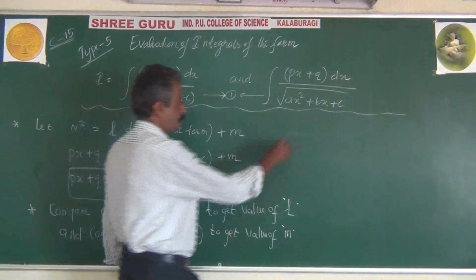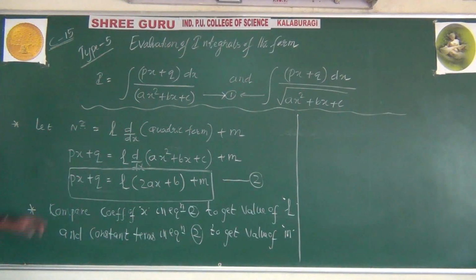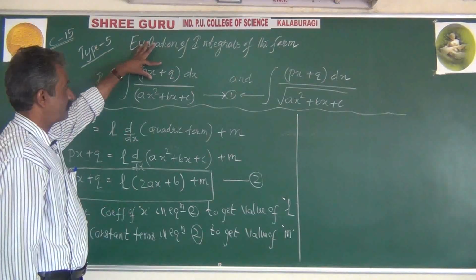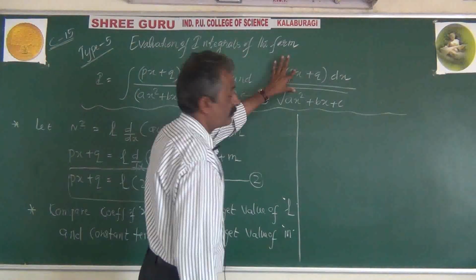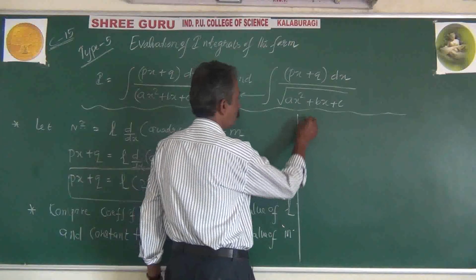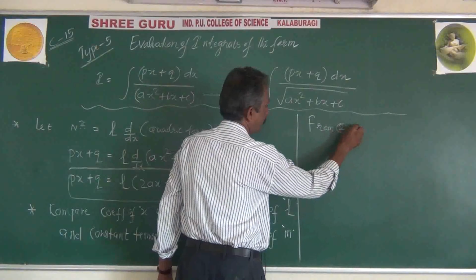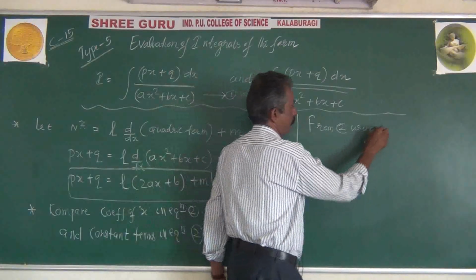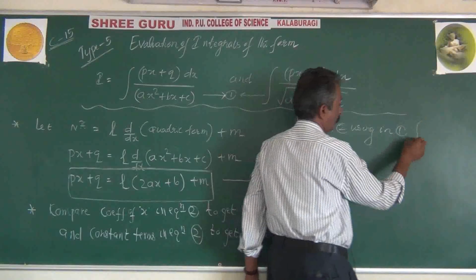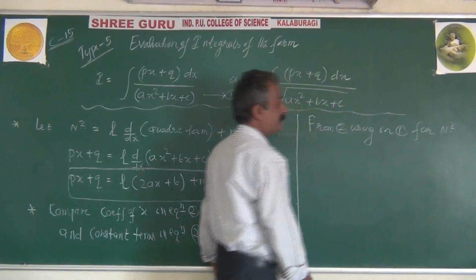After this, the next step will be like this. From 2, for px plus q, we use the numerator in our problem, either here or here. So next, write from 2, using in 1 for the numerator as good as px plus q.